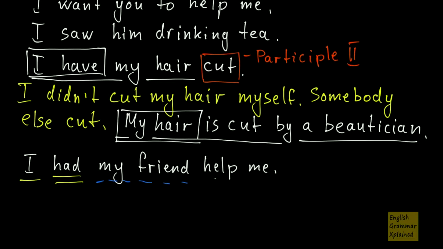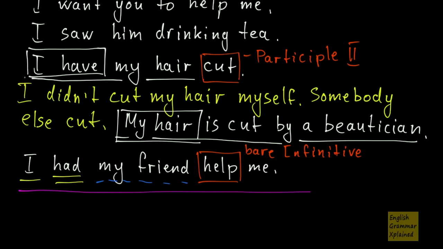And then I have an infinitive. Here it is a bare infinitive. But this is causative form. This is not a canonical complex object. This is causative form, my friends, with a bare infinitive. But this thing here is a bit different from this thing here.